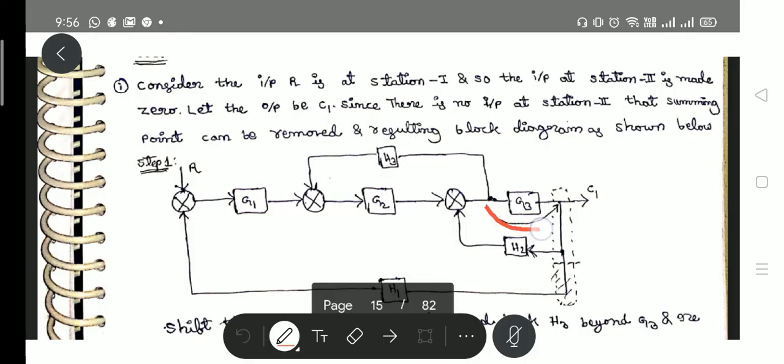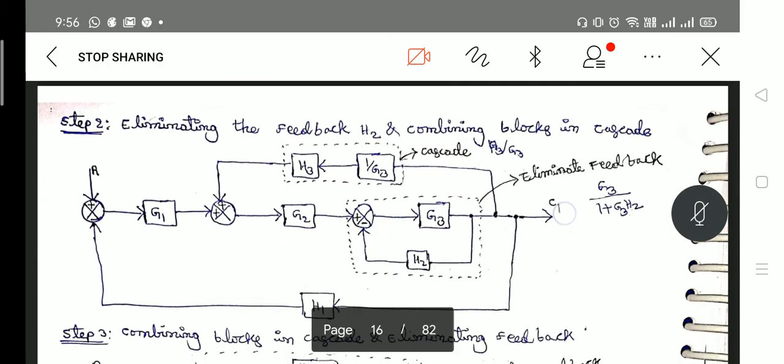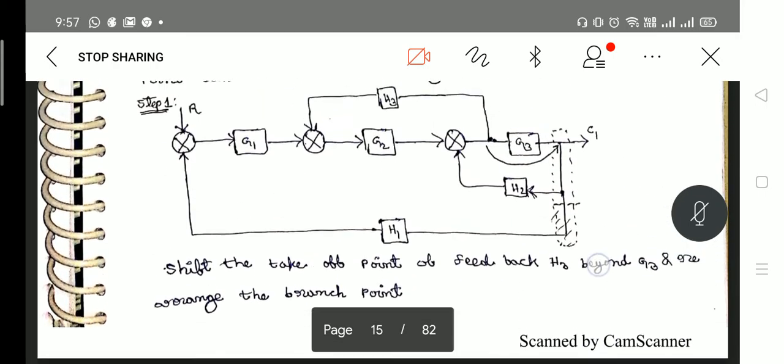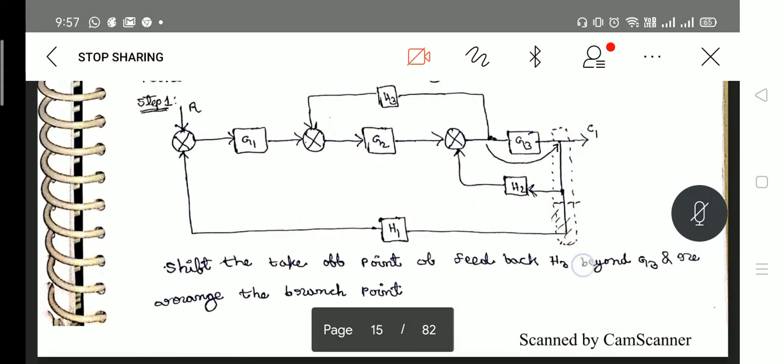Okay, in that first case I am taking this branch point to here and splitting these points also. This branch point to here, what will we get? 1 by G3. Here in the feedback we will get 1 by G3 and splitting the points also, this point to here.